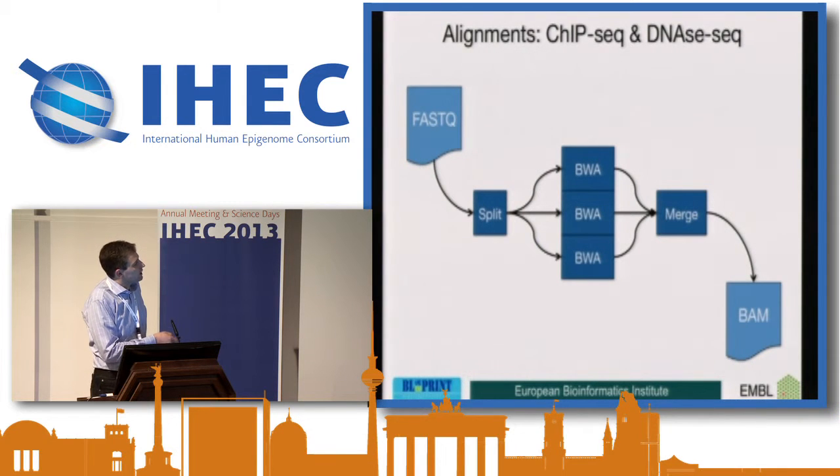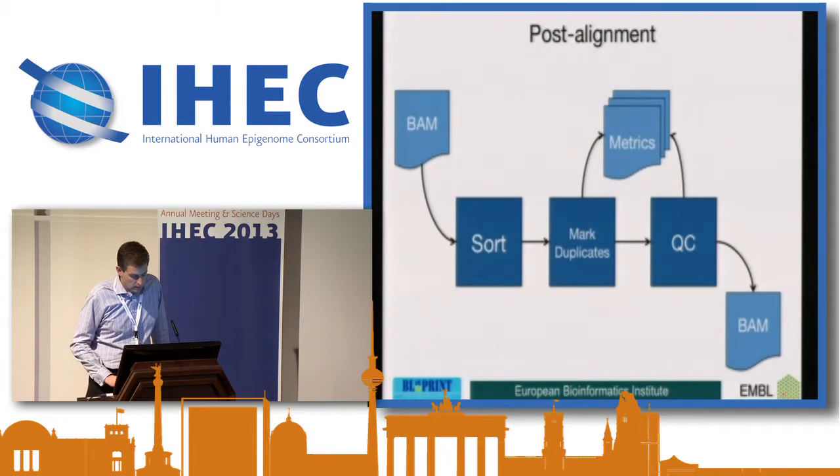We take the final alignments, which again come off the different machines of the compute farm, we merge them all together, and we produce a single alignment file. That's this BAM file, which is a binary alignment file. This process basically allows us to do things very quickly, but also if one of these jobs happens to fail, it's easy to pick up the part that has failed, rerun that, and put everything together in a very, very quick way. So it's a very robust approach.